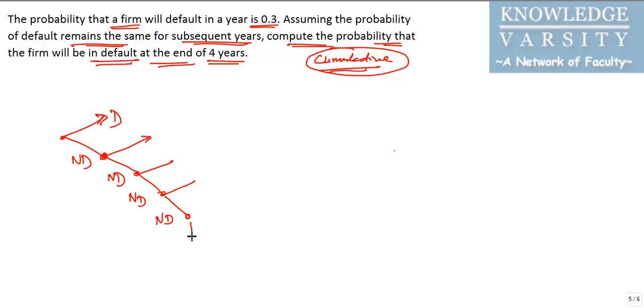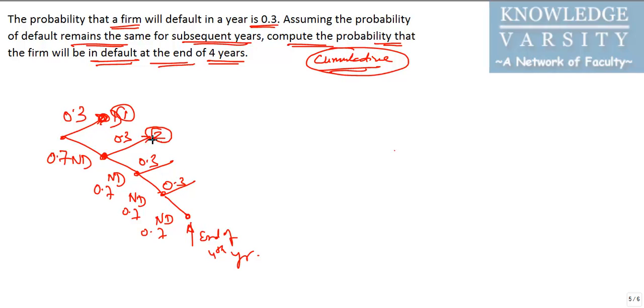This is the situation at the end of the fourth year. We know that the not default probability is 0.7 at each step, and the default probability is 0.3 at each step. Now let's term this node as 1, this as 2, 3, 4, and this node as 5.